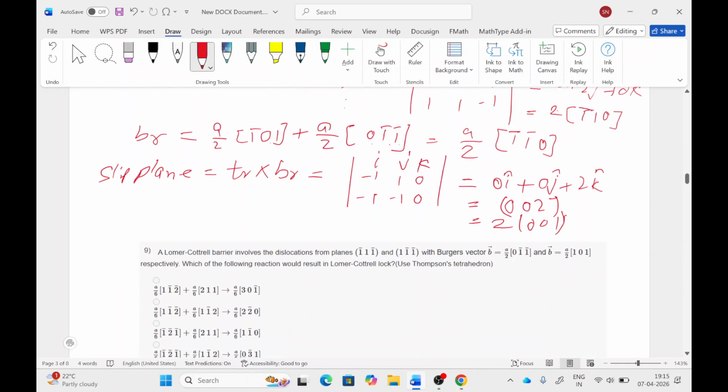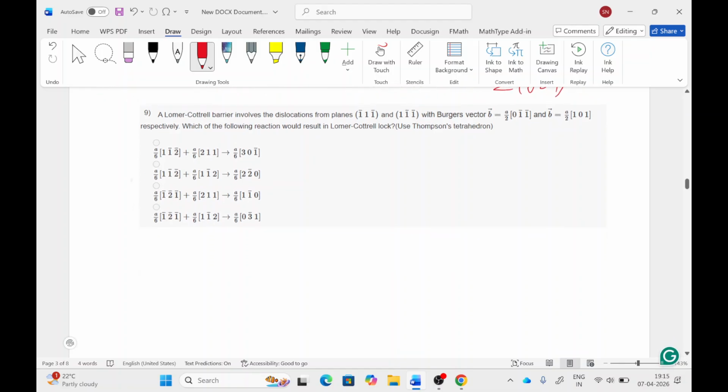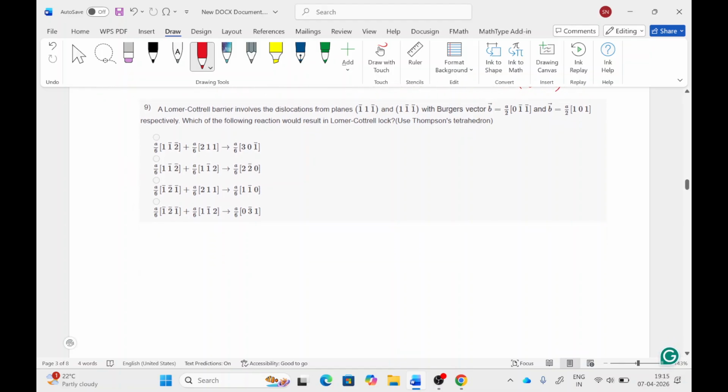Okay. So the next question is on the Lomer-Cottrell barrier also. A Lomer-Cottrell barrier involves the dislocations from planes (-1 1 -1) and (1 1 1) with Burgers vectors respectively. Which of the following reactions would result in a Lomer-Cottrell lock?